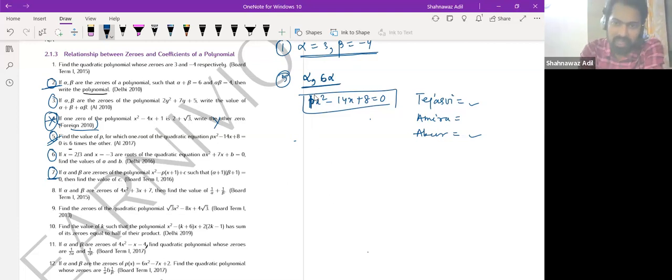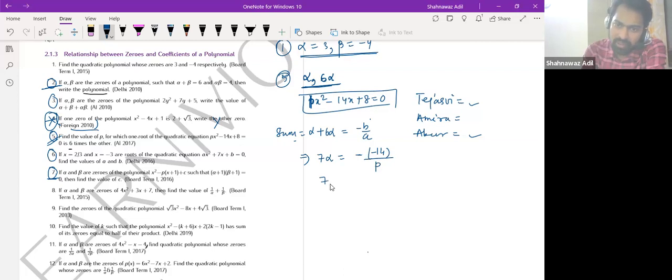Okay, so we have these two roots, right? And what would be the sum of the zeros? The sum would be alpha plus 6 alpha, and this would be minus b by a, right? So this is 7 alpha, and this is minus of minus 14 by p, right?